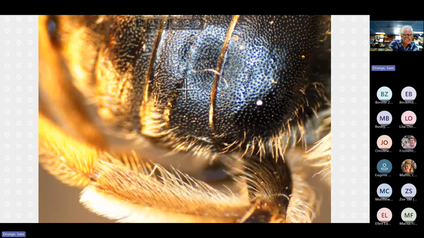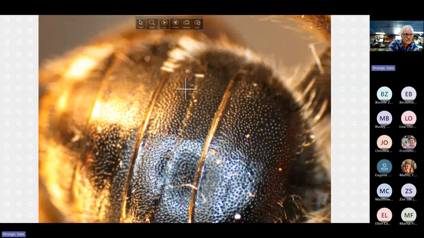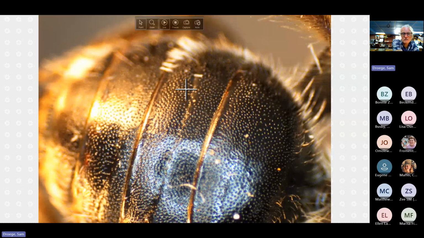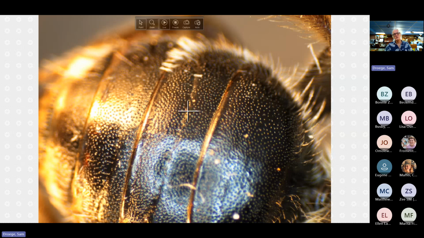It actually kind of disappears when we elevate it to higher magnification, but let's see if we can go, there we go. You can't really see it because it's so small a difference in height, but there's a line that shows up, and we can see this distance compared to this distance, taking into account that abdomens are like accordions and sometimes the abdominal segments get retracted in and retracted out.